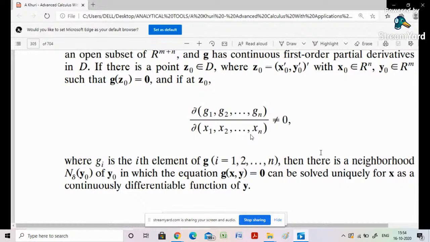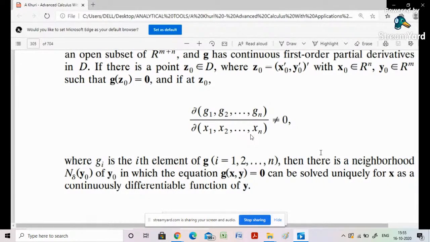Then there exists a neighborhood N delta of y0 in which the equation g(x, y) equals 0 can be solved uniquely for x as a continuously differentiable function of y. It is a very wonderful theorem. Because if g satisfies the two conditions, what are the conditions? g has continuous first order partial derivatives in D, and the determinant ∂(g1, ..., gn)/∂(x1, ..., xn) is not equal to 0.